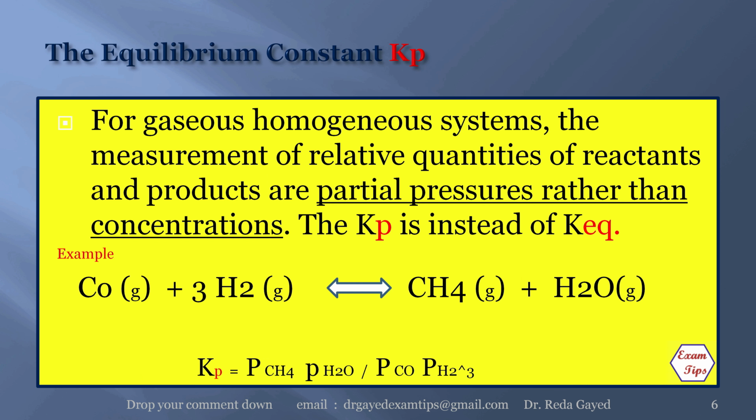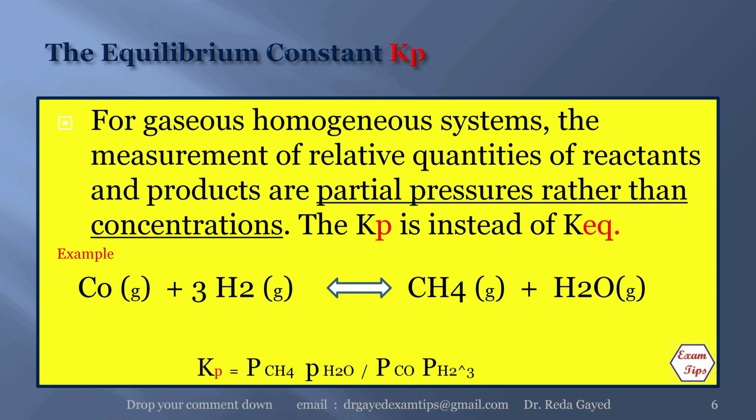Here we will address something more, which is the equilibrium constant Kp. What is Kp? For a gaseous homogeneous system, the measurement of relative quantities of reactants and products is by partial pressure rather than concentrations. So the Kp here is instead of K equilibrium.